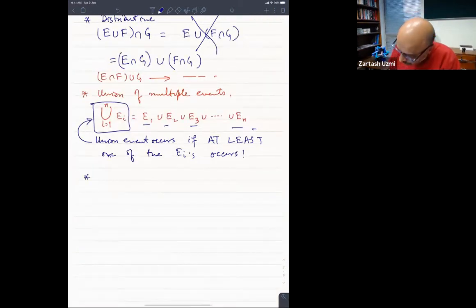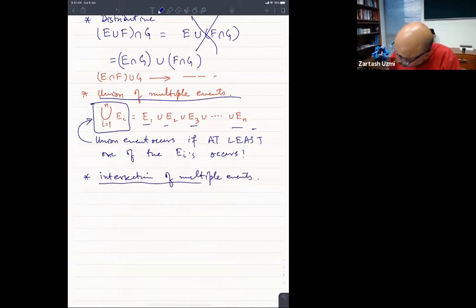ठीक है. नाउ जिस तरह यूनियन ऑफ मल्टीपल इवेंट्स है, उसी तरह से इंटरसेक्शन ऑफ मल्टीपल इवेंट्स भी है. तो इंटरसेक्शन ऑफ मल्टीपल इवेंट्स, ऑब्वियसली इंटरसेक्शन I is equal to 1 to n EI. This would be equal to E1 intersection E2 intersection E3. कोई सिंबल ना हो बीच में तो इंटरसेक्शन ऑटोमेटिकली होता है, all the way up to En.